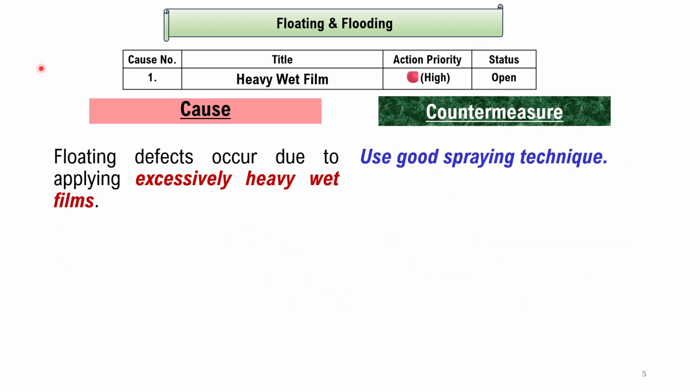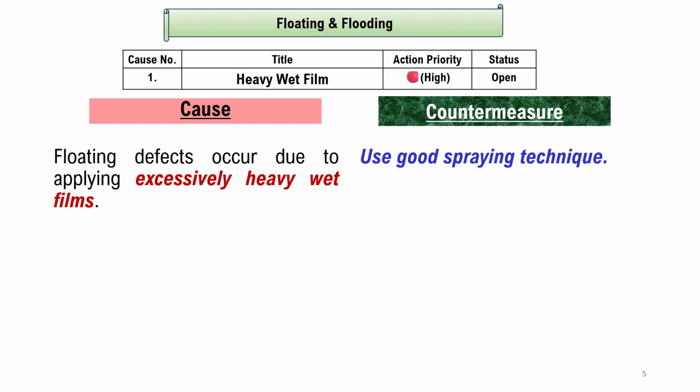Now coming to the causes and countermeasures related to floating and flooding. The number one probable cause could be heavy wet film. Floating defects occur due to applying excessive heavy wet film.